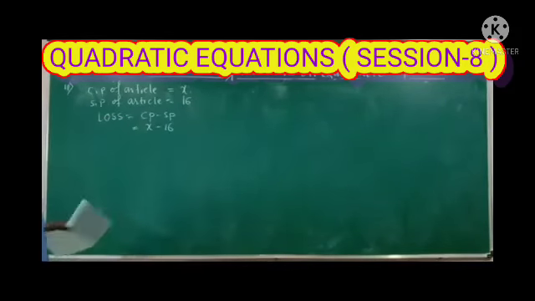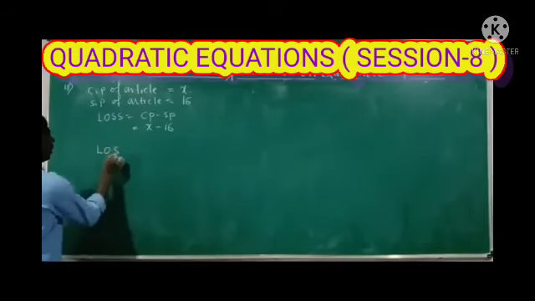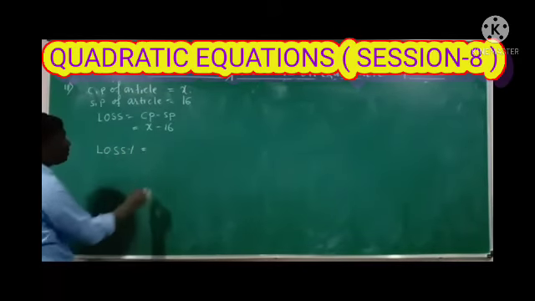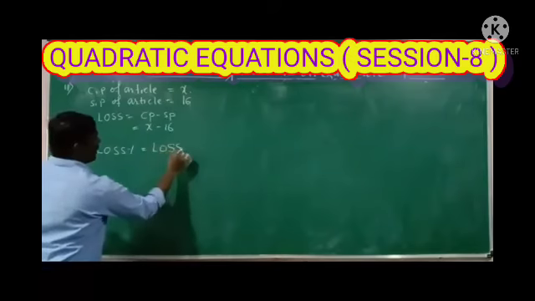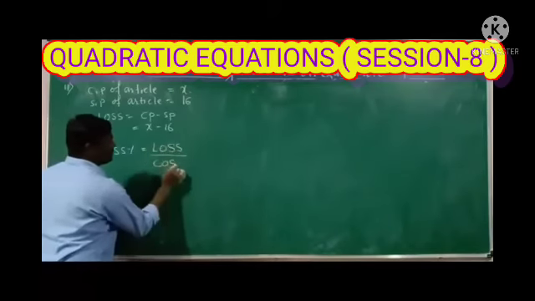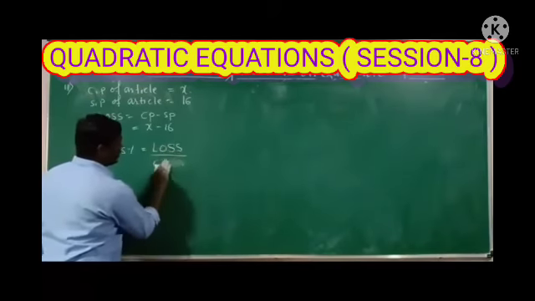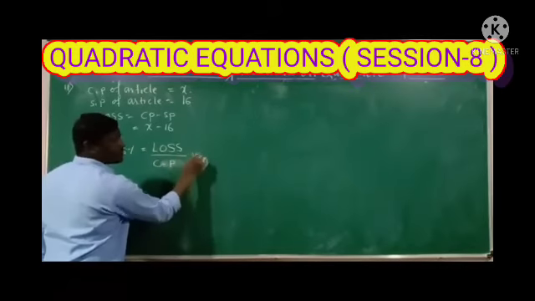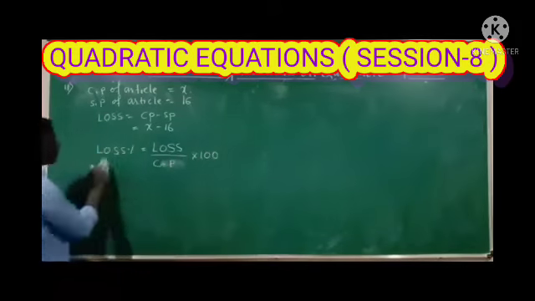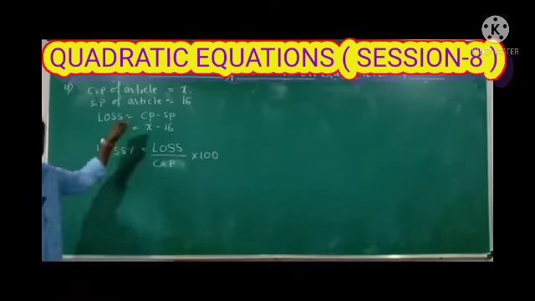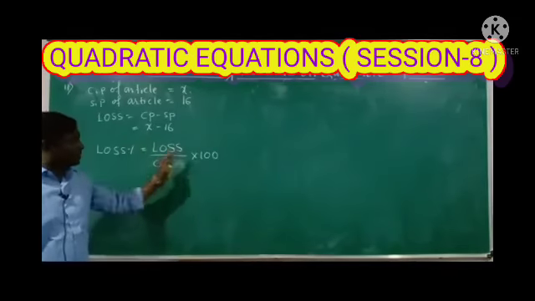So for loss percentage, we know the formula. Loss percentage is equal to loss divided by cost price, CP, into 100. Profit percentage is equal to profit divided by cost price into 100.